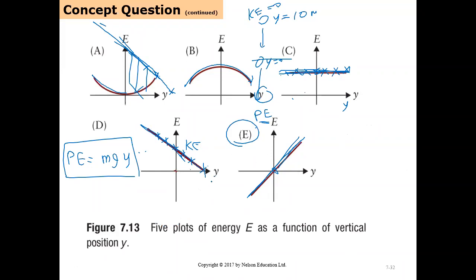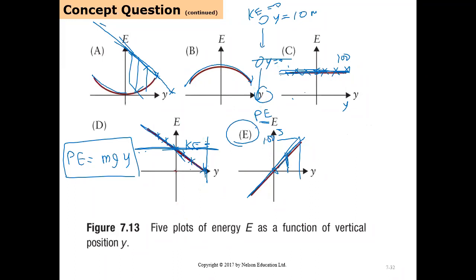So if at this point, let's say, the potential energy is 100 joule, kinetic energy will be 0 at that point. So it is 100 plus 0, you have 100. So you got this line for the total energy. You're adding this value with that value, you get 100.